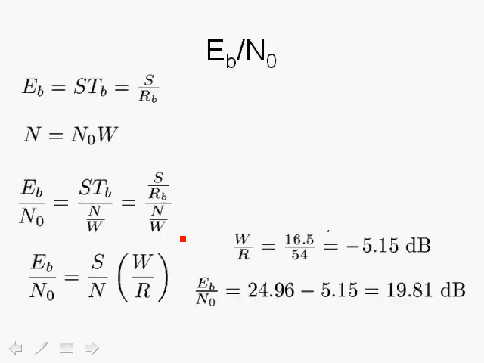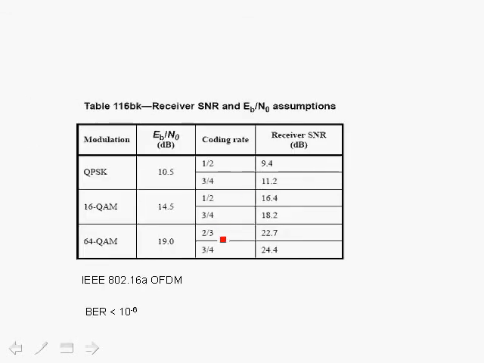Both these numbers are very close to the numbers that we obtained in the case of 802.11a. Notice that the requirement is that the bit error rate be below 10 to the minus 6. That's very important. Anytime you define signal-to-noise ratio or performance, you have to give either the packet error rate or the bit error rate.